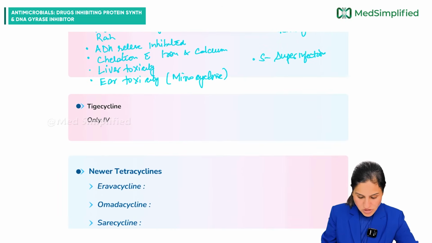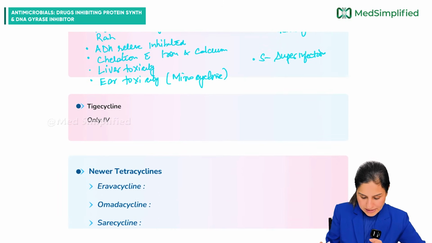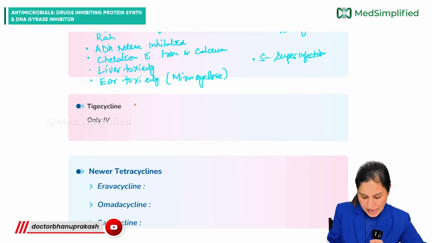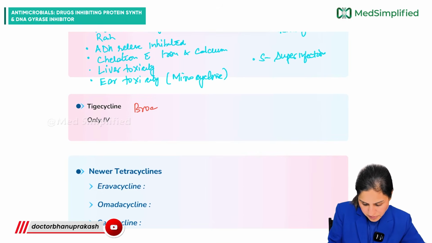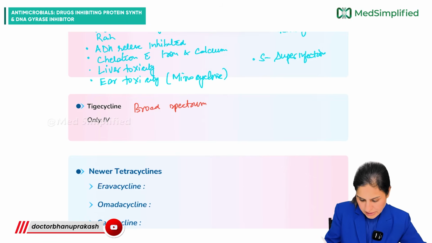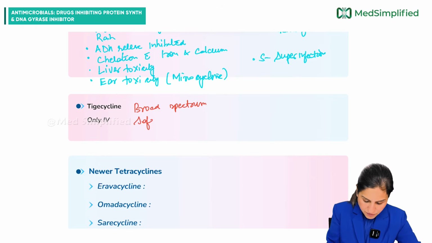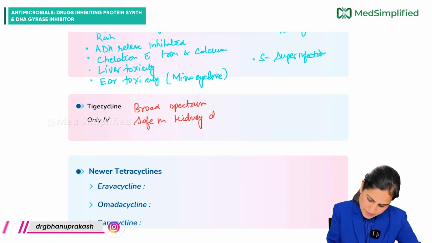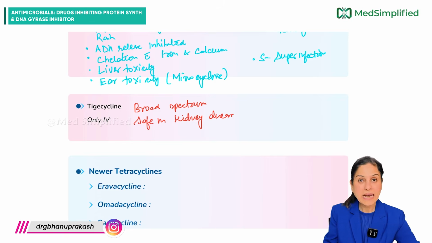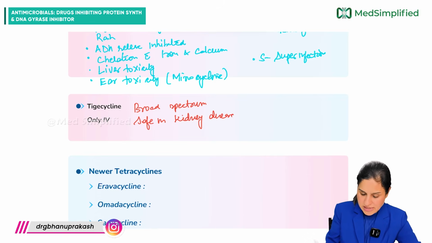Now, coming to tigecycline. Tigecycline is given only IV, and again, it's a broad spectrum drug. Just like tetracycline, it's a broad spectrum drug, and unlike them, it is safe in kidney disease. It can take care of MRSA and VRSA.